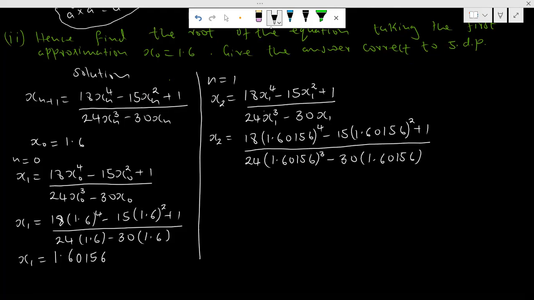We substitute the values and compute. So we get our x2 is equal to 1.60155.